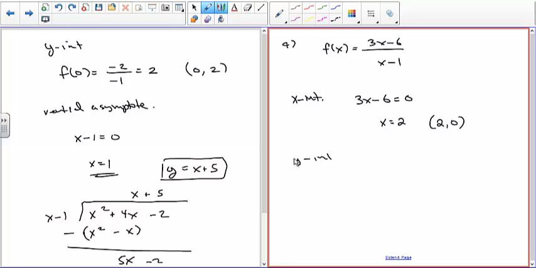The y-intercept, that's f of 0, so that's negative 6 over negative 1, which is 6. Again, the y-intercept is an ordered pair, 0 comma 6. The vertical asymptote is you set the denominator equal to 0, and you end up with the same thing as in the previous problem. That's a vertical line. Okay, so that represents a line.